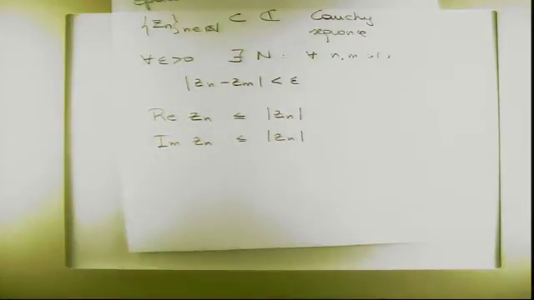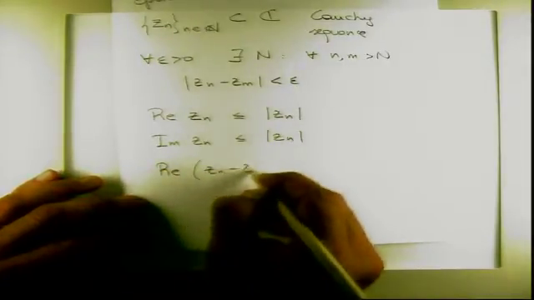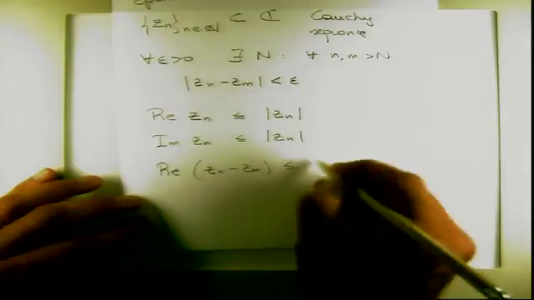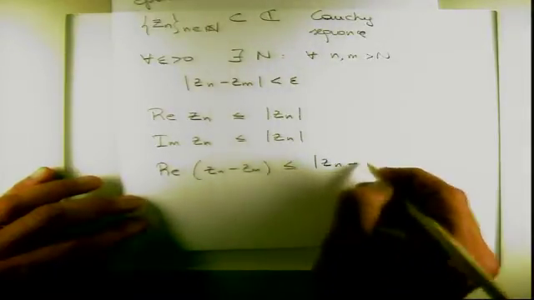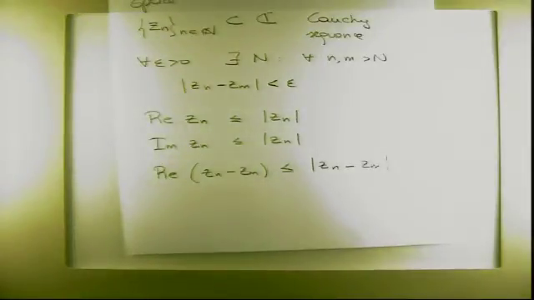Exactly. And this should be enough, because what do we have? We have in particular the real part of Zn minus Zm smaller than epsilon. So component-wise, as suggested by our friend, you obtain that the real part is a Cauchy sequence in the real numbers.